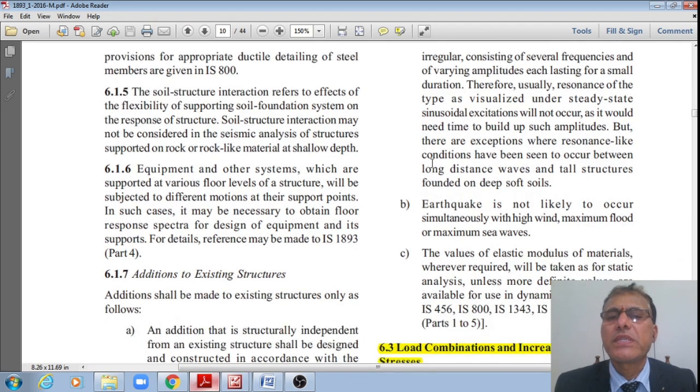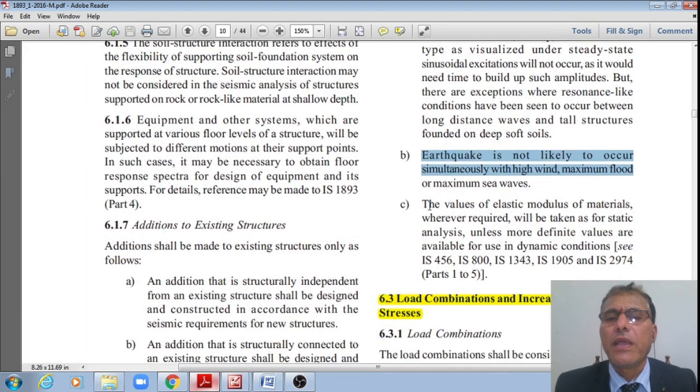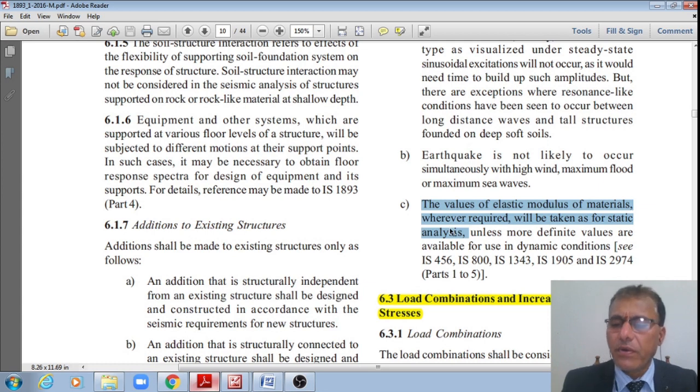Next, an earthquake is not likely to occur simultaneously with high wind, maximum flood or maximum sea waves. An important assumption. The third one is that the values of the elastic modulus of the material, wherever required, will be taken for the static analysis unless we have definite values proved from dynamic considerations.